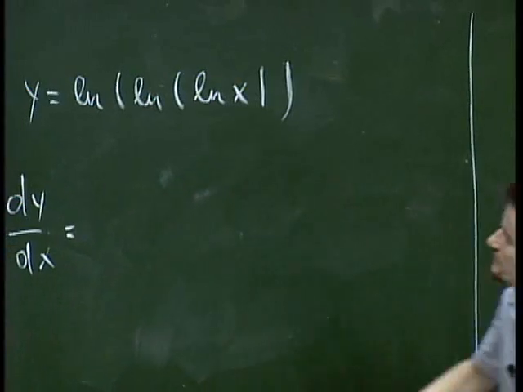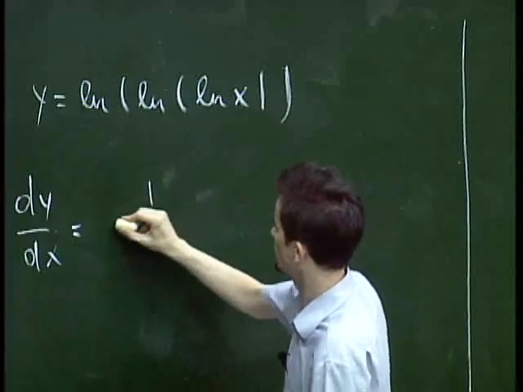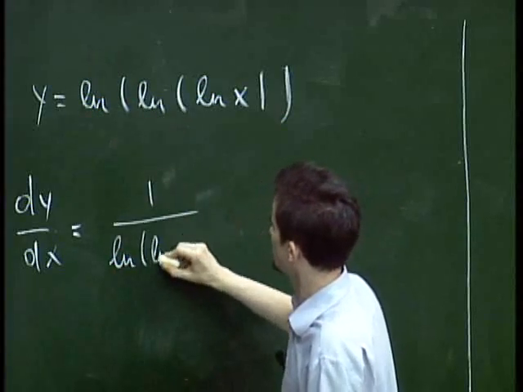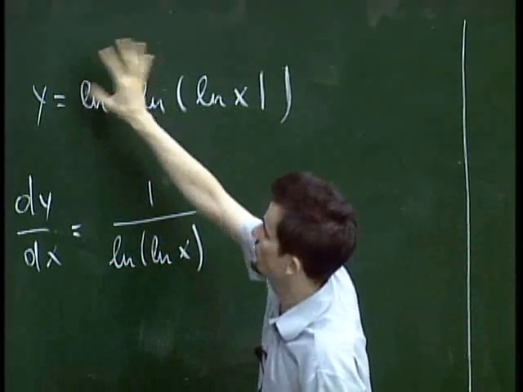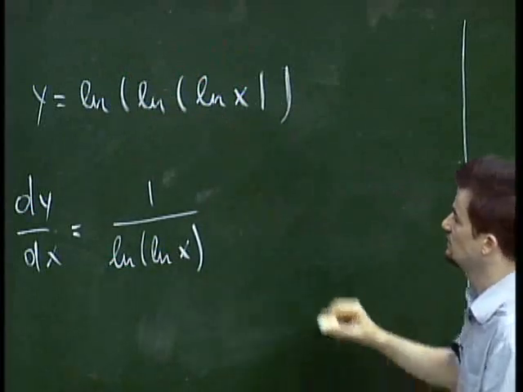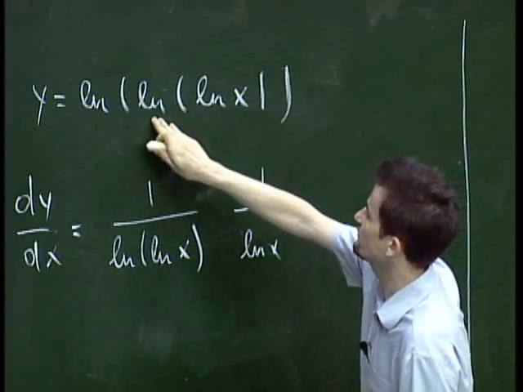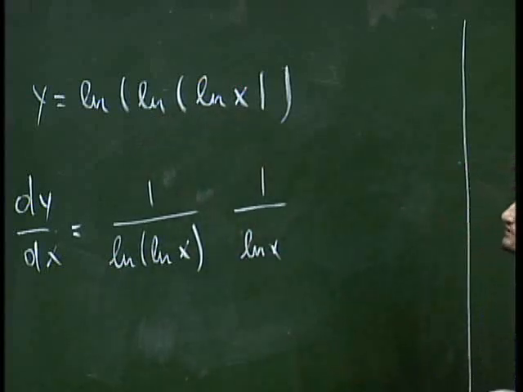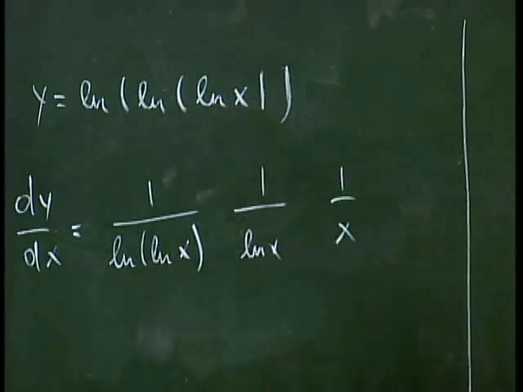We first look at the outer function and take the derivative, so we have 1 over ln x. Now we forget about this and look at the remaining part. The derivative of the remaining part is 1 over ln of x. Now we forget about the middle function, and we look at the derivative of the inner function, which is 1 over x. So the derivative of this function is given by this function here.